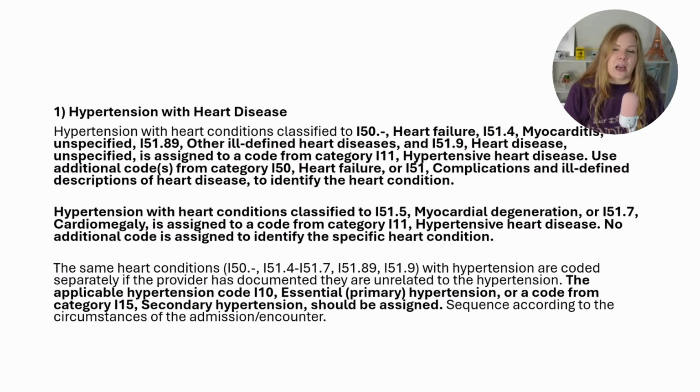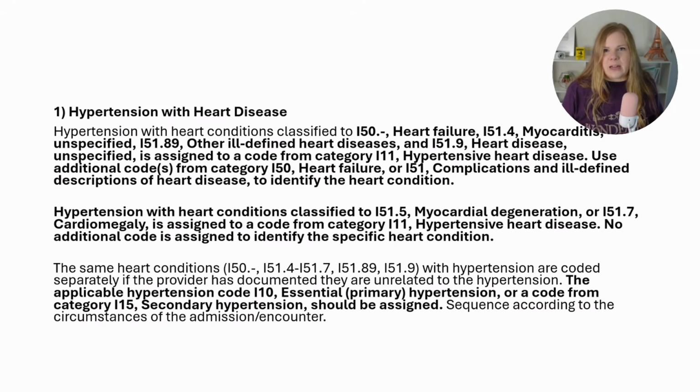Hypertension rules got tightened up. When hypertension is documented with certain heart conditions like heart failure, myocarditis, or unspecified heart disease, you assign a code from category I11, hypertensive heart disease, with additional codes that specify the type of heart condition. But if the provider says the heart condition is not related to the hypertension, we code them separately.